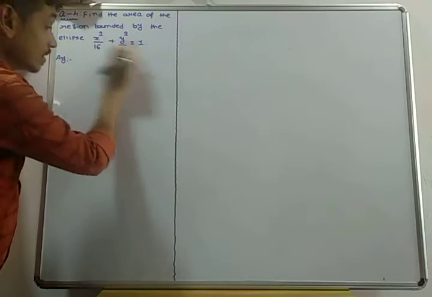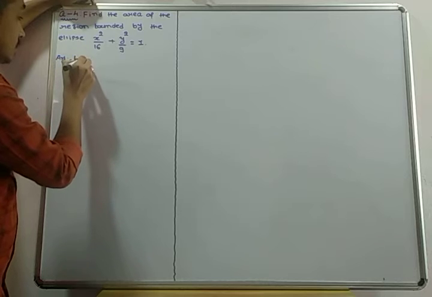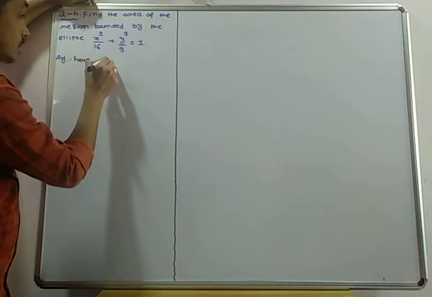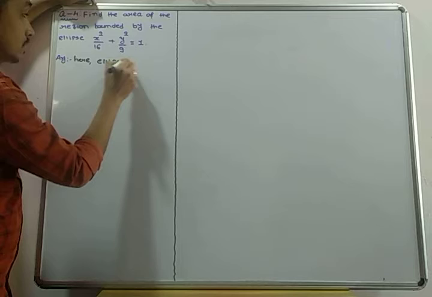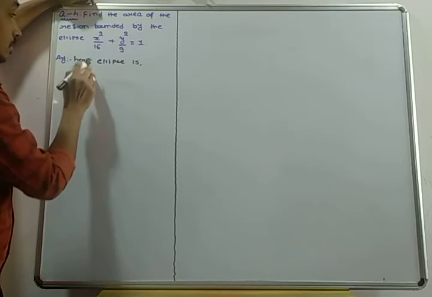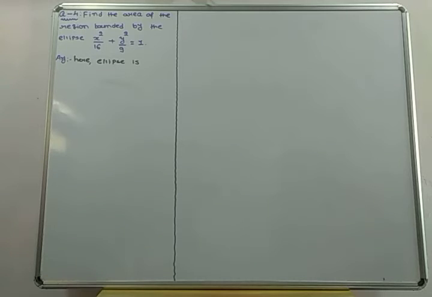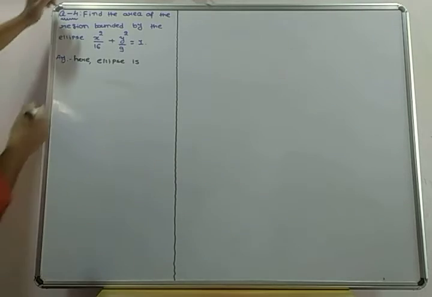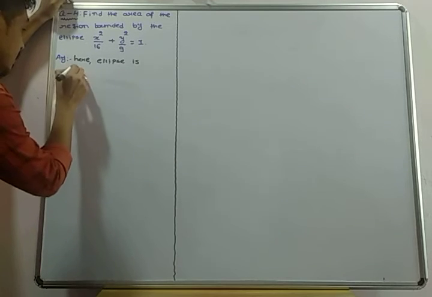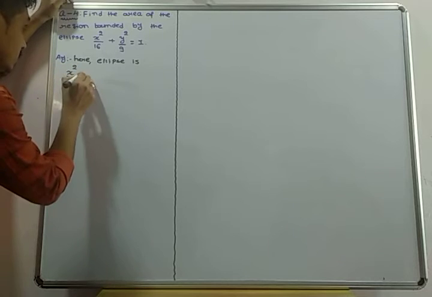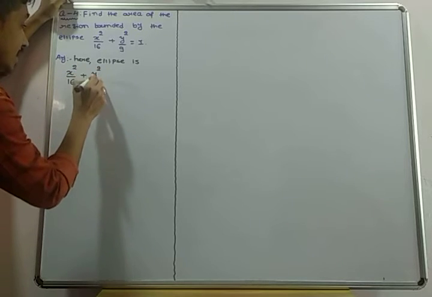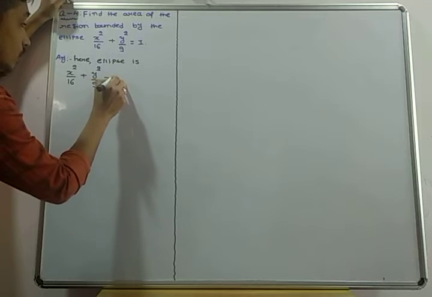Here the ellipse is x square by 16 plus y square by 9 equal to 1.